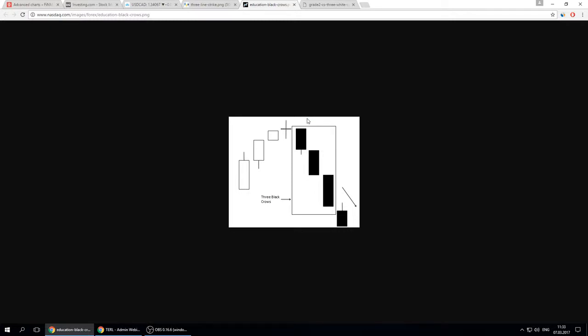So they should only be taken into consideration when they appear on the top of the uptrend, I mean. They indicate the weakness of the uptrend and the potential emergence of a downtrend. They should have common features.